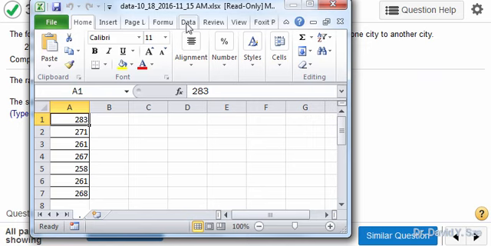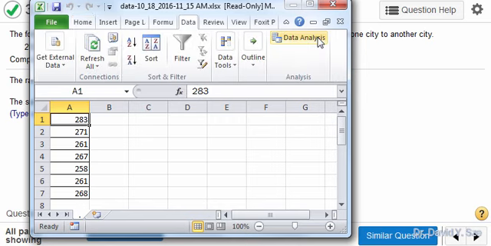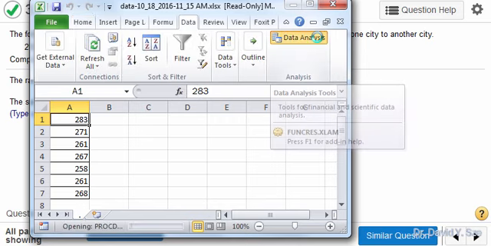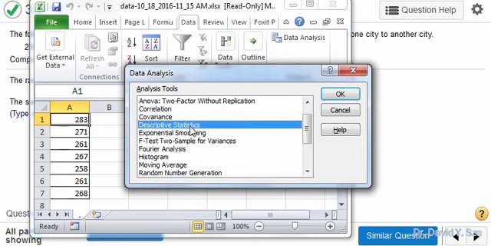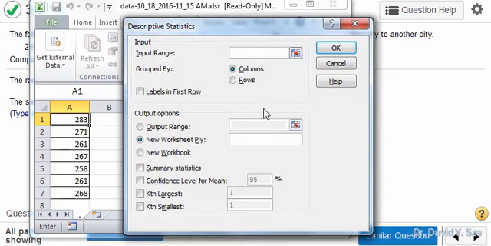The longer way, but gives us more information, is to click on Data, then Data Analysis. You may have used this to compute mean and median. We choose Descriptive Statistics, then OK. And we need to specify the input range. Where are our numbers?